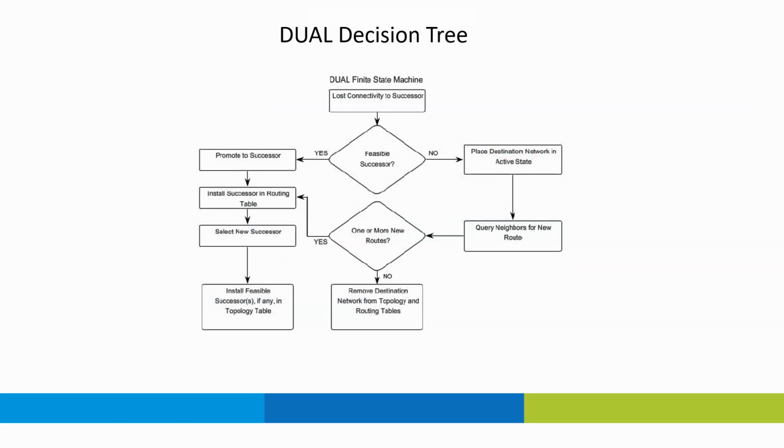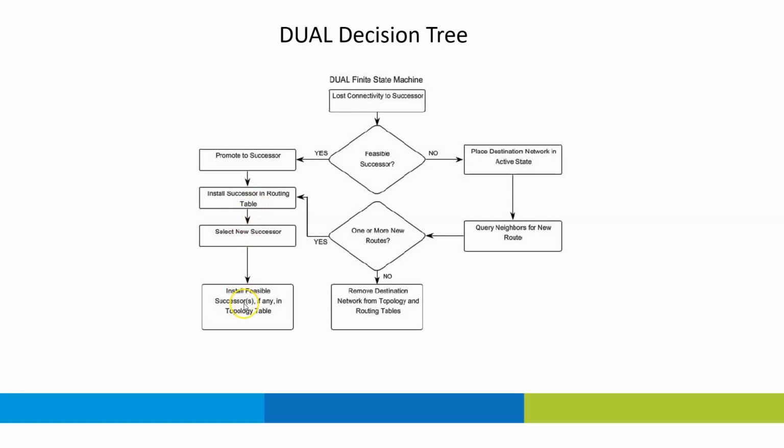What we might have with these things here, what's going to happen, the DUAL decision tree, and this is just kind of another one of those throw-ins. We have lost connectivity to the successor. Do we have a feasible successor? Yep. Install it into the routing table, and then we are done with it.